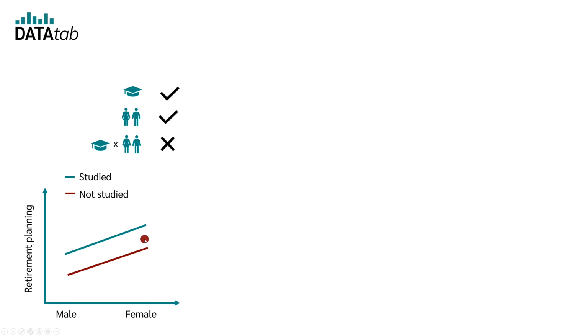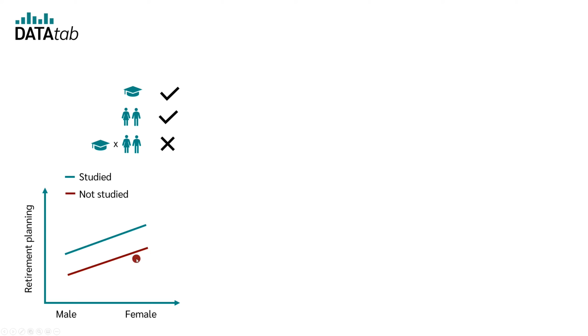However, you can also see that the group of females each have a higher mean than the group of males. In this chart, one can see that both gender and the variable of whether one has studied or not have an impact on the attitude towards retirement planning.